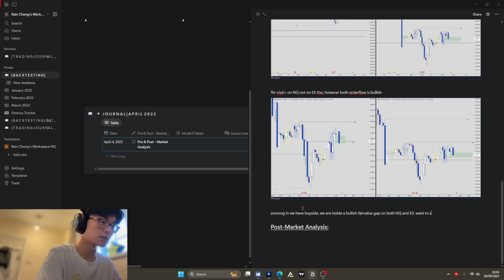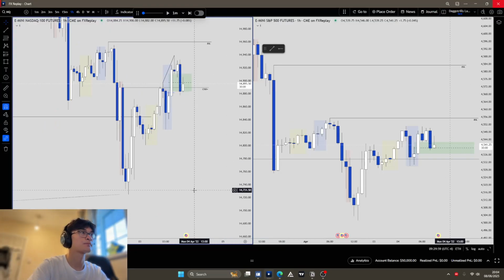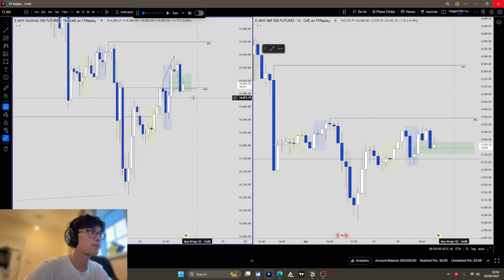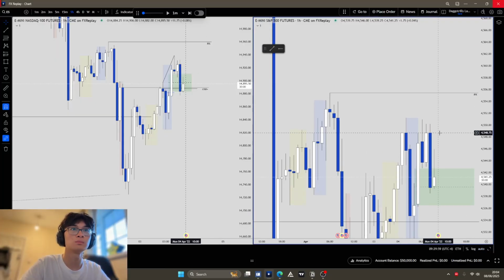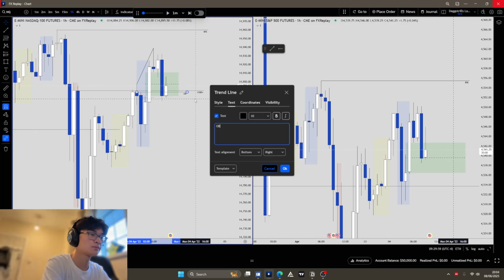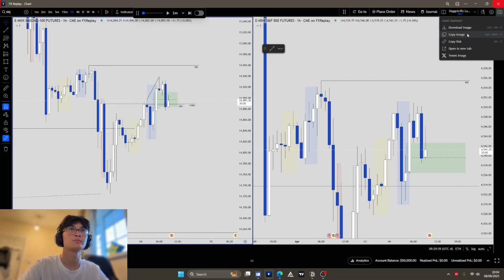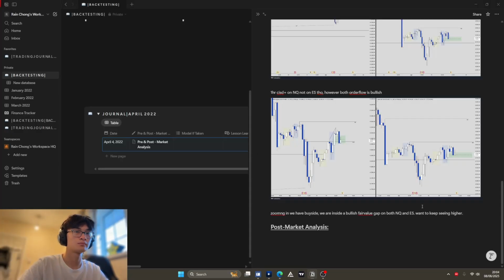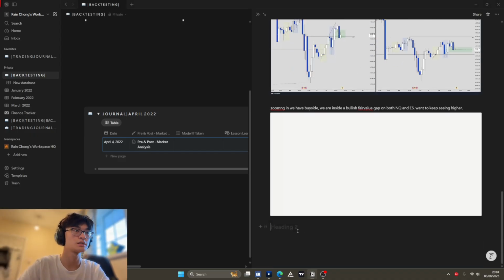Want to keep seeing higher. So, we also have an hourly order block. Not on NQ though. Not on ES though. But it is.